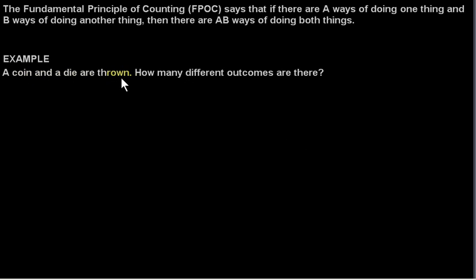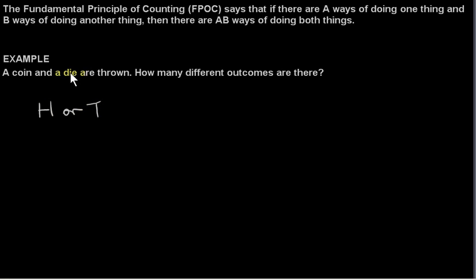If a coin and a die are thrown, how many different outcomes are there? By an outcome, we mean what face of the coin is visible and what number appears uppermost on the die. So there are two ways that a coin's face can be visible after a coin is thrown, because there are two possibilities, heads or tails.